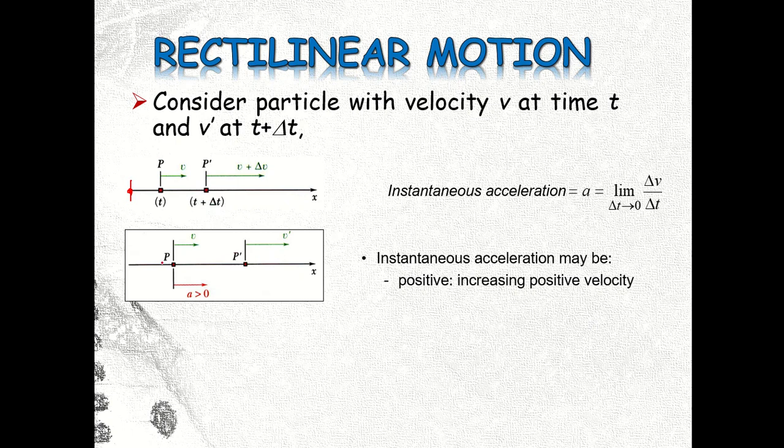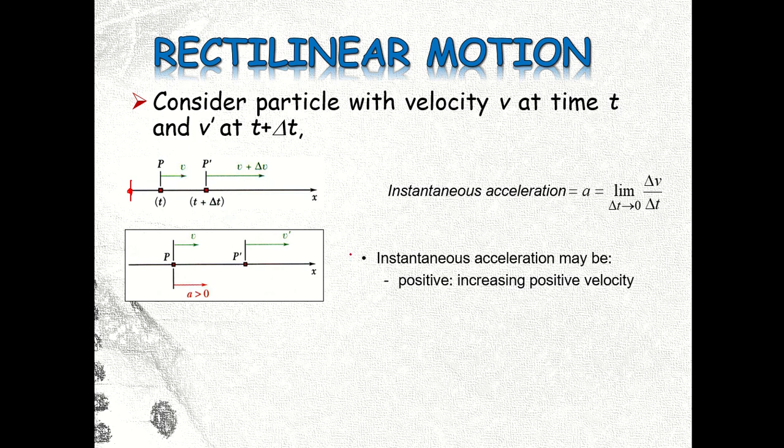Now for the sign convention, we have the acceleration greater than 0, meaning it's positive, if the velocity is increasing positively. It means that if at this point the particle moves towards the right with this velocity, and at this point the velocity increases by this much, delta v, the velocity changes from v to v plus delta v.